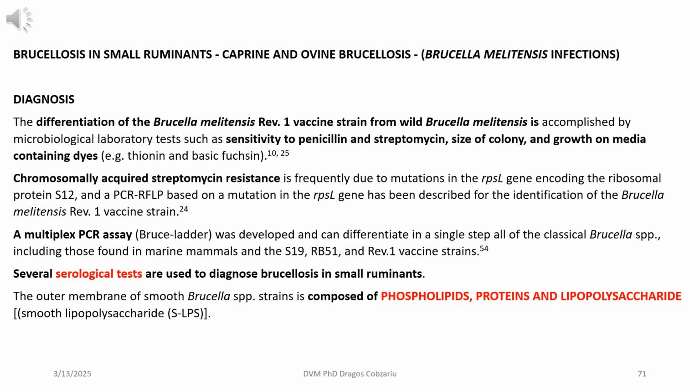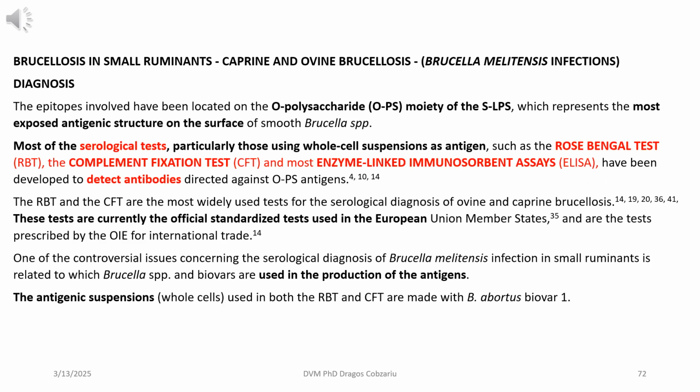Several serological tests are used to diagnose brucellosis in small ruminants. The outer membrane of smooth Brucella spp. strains is composed of phospholipids, proteins and lipopolysaccharide. The epitopes involved have been located on the O polysaccharide, OPS, moiety of the S-LPS, which represents the most exposed antigenic structure on the surface of smooth Brucella spp.